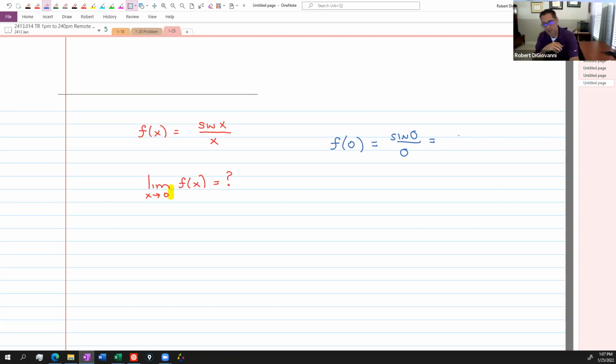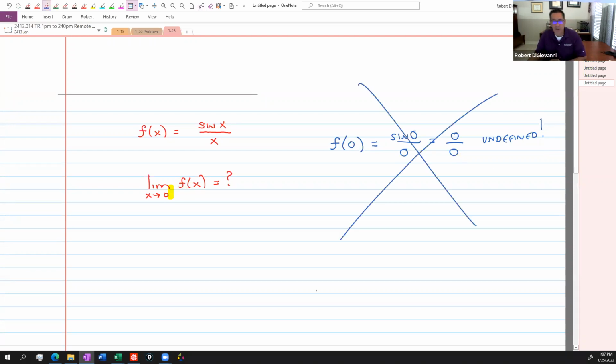And that would be 0. So we get 0 on top, 0 on the bottom, and this is undefined. Right? It's undefined. So we know that you can't plug 0 in, right? But that doesn't mean that the limit is undefined. It doesn't mean that this limit doesn't exist, because the limit does not care about what's happening at 0. It cares what's happening close to 0.